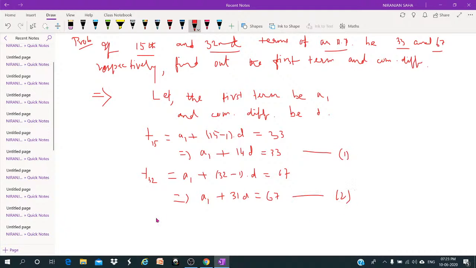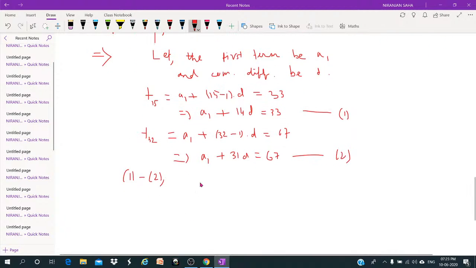So we will subtract the first from the second. We will have 31 minus 14, which is 17D, equal to 34. So D will be equal to 2. The common difference is equal to 2.